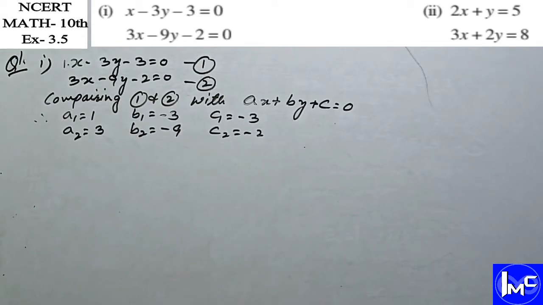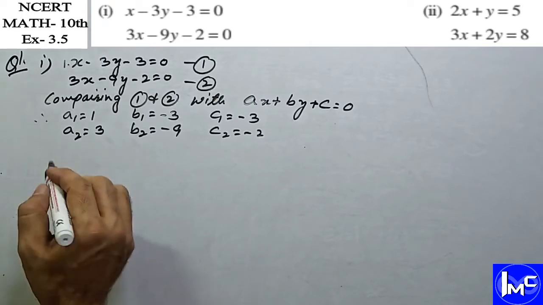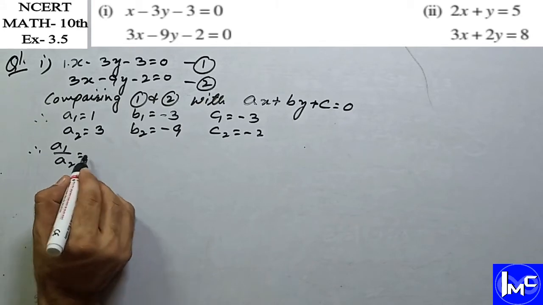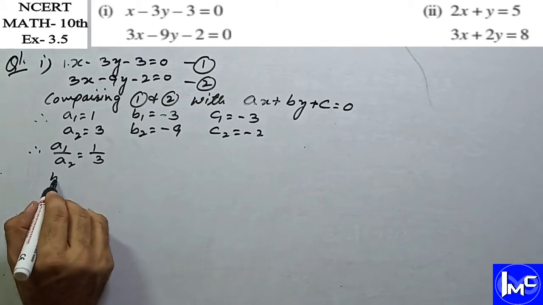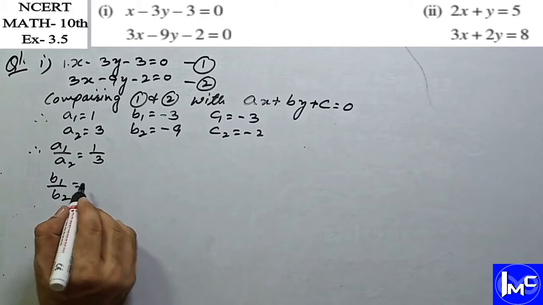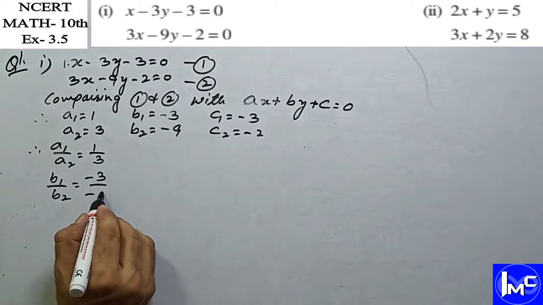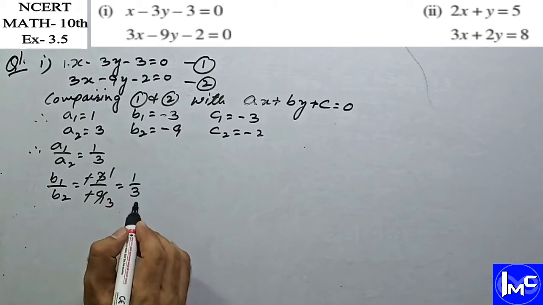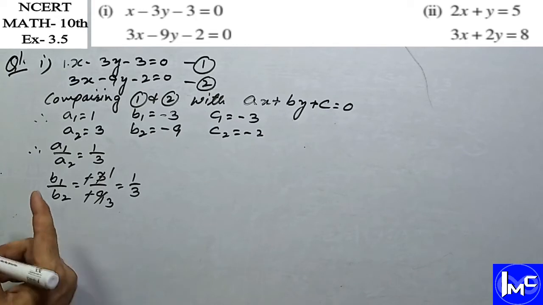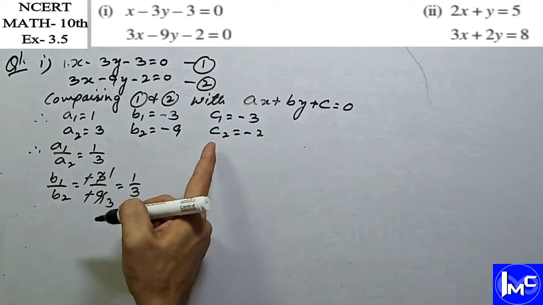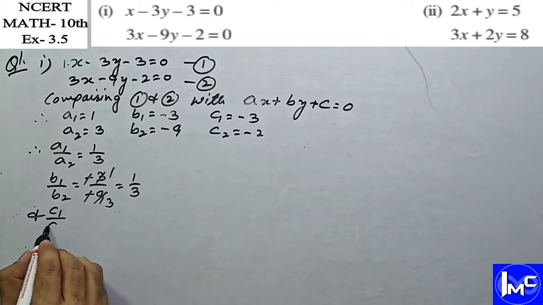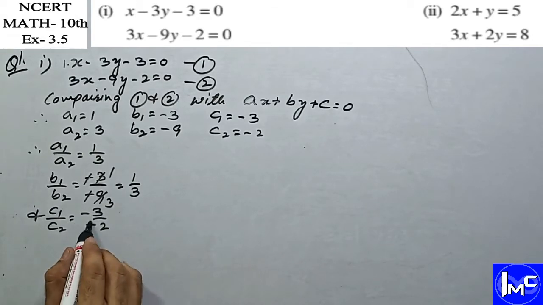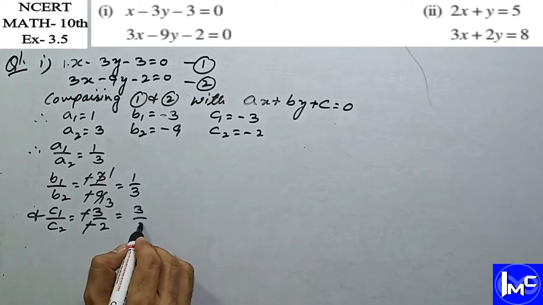And now we shall find the ratios of these coefficients. Therefore a1 over a2 is 1 by 3, b1 over b2 is minus 3 over minus 9, and by solving that is 1 by 3. If these two ratios are equal, then we check the third one, c1 over c2 is minus 3 by minus 2, and this is 3 by 2.